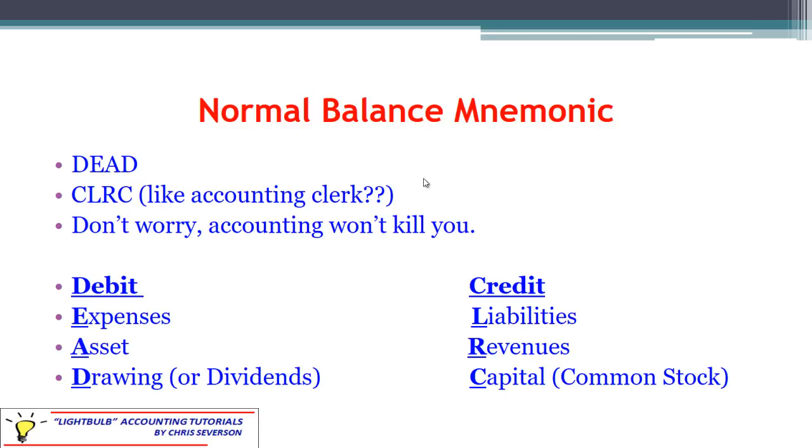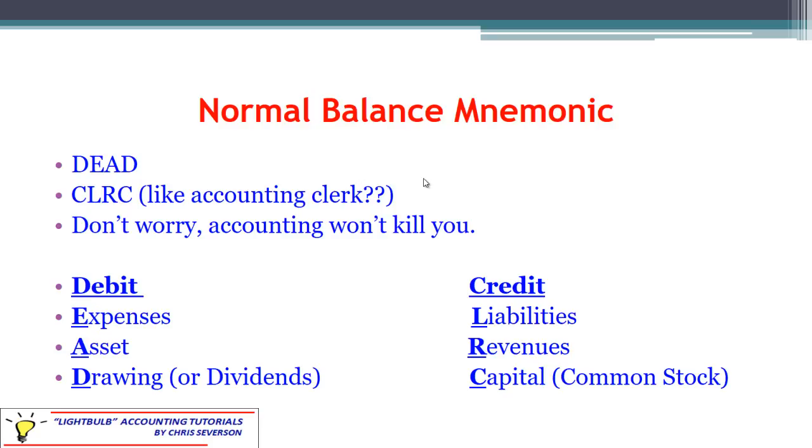That tells us that the debit accounts are expenses, assets, and dividends, sometimes referred to as drawing if it's a sole proprietorship. So again, the debit accounts are expenses, assets, and dividends. D-E-A-D. It's a nice word there.